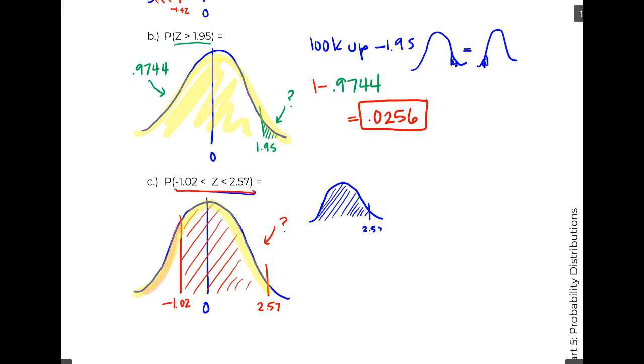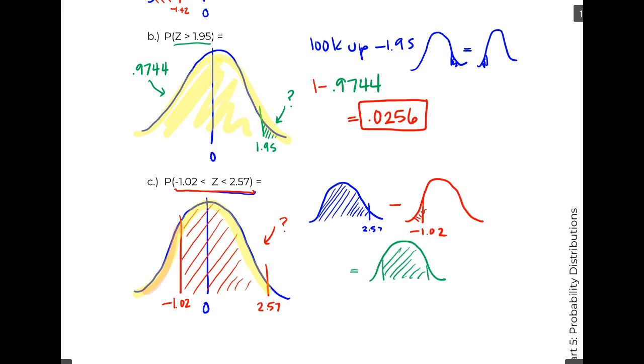So what we're going to do is subtract off the part that was too much, that negative 1.02. If we take the amount to the left of positive 2.57 and subtract off the amount to the left of negative 1.02, we'll get that leftover piece in the middle that we're looking for, the space between those two.